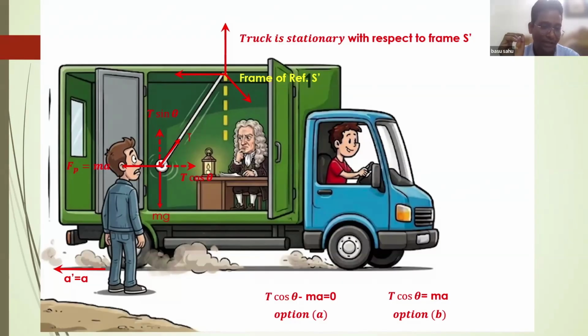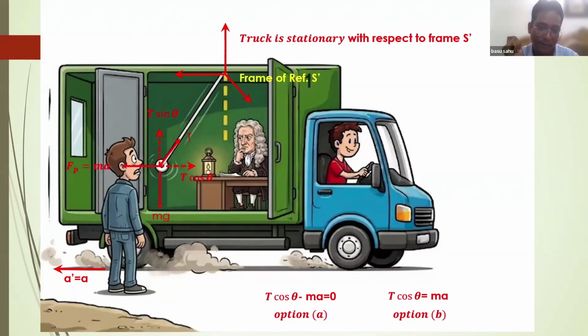So this statement is absolutely wrong. Secondly, the ground observer will not observe FP equal to MA, or any kind of such force. He will observe only Mg, and he will observe tension T. That's all.